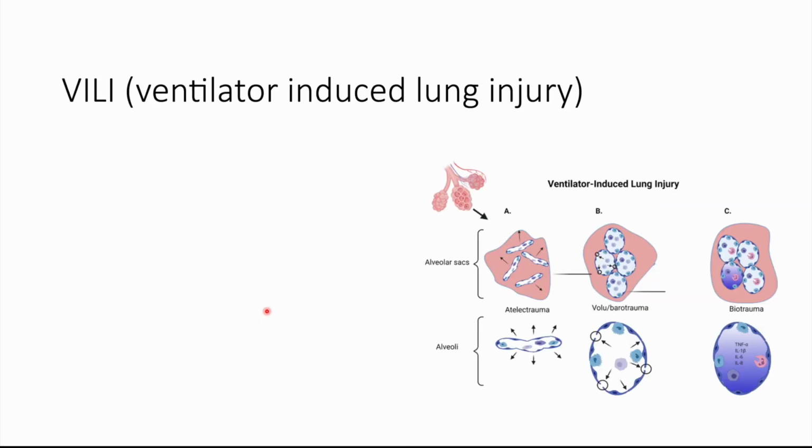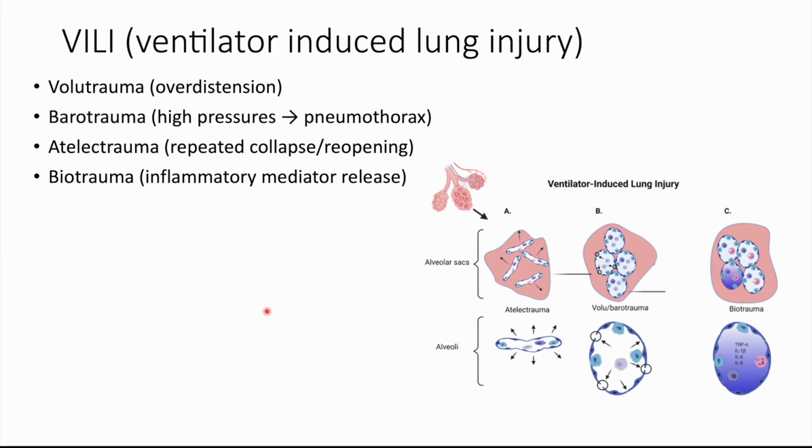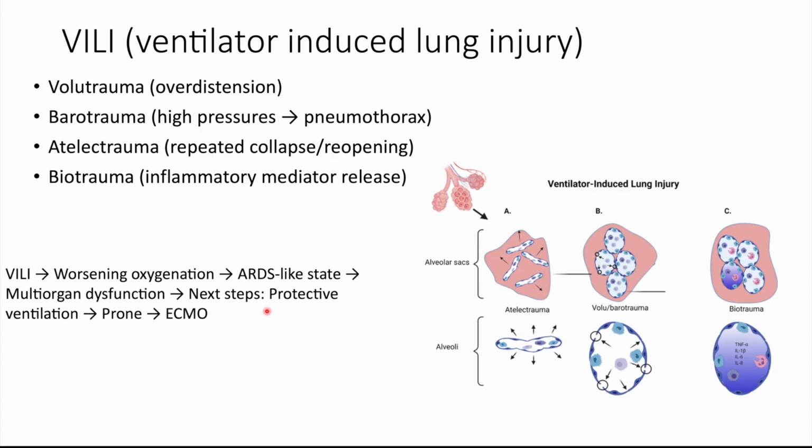So before getting into the basic ventilator settings, we should also know about the dangers of ventilation. One of the greatest challenges in critical care is preventing VILI, which is ventilator-induced lung injury.